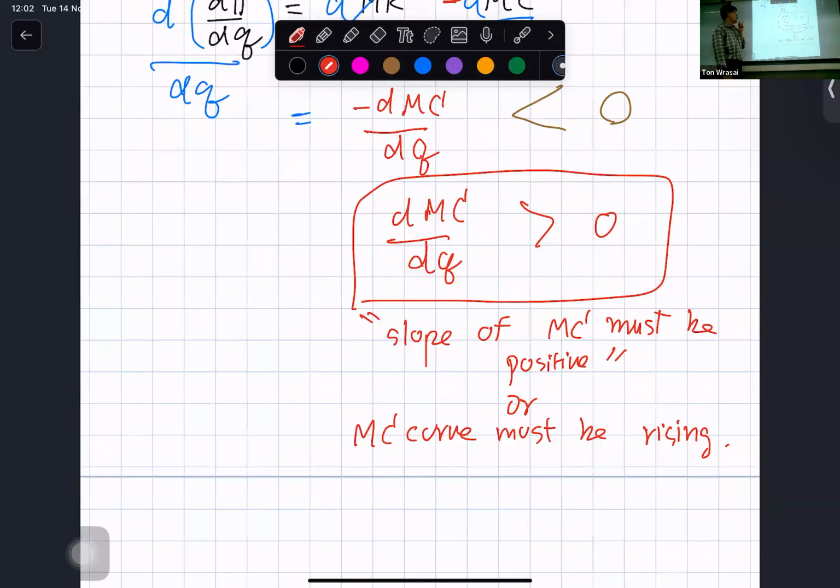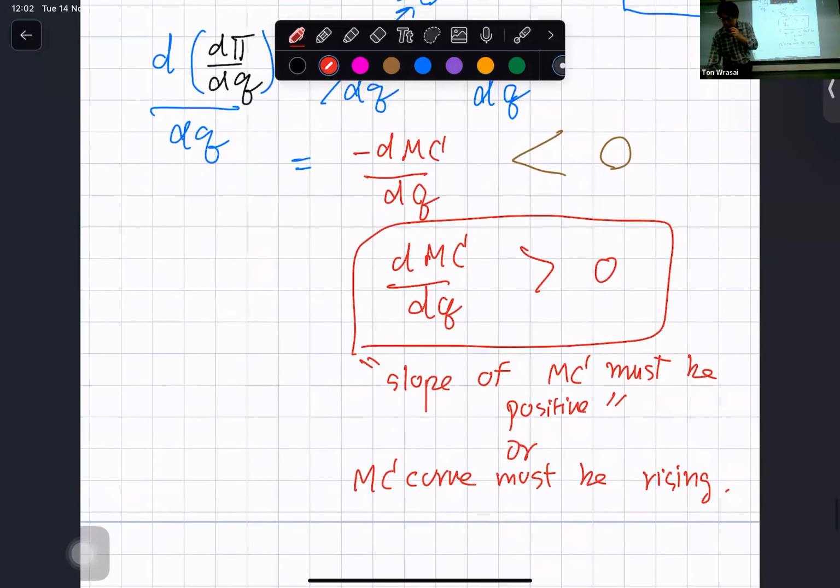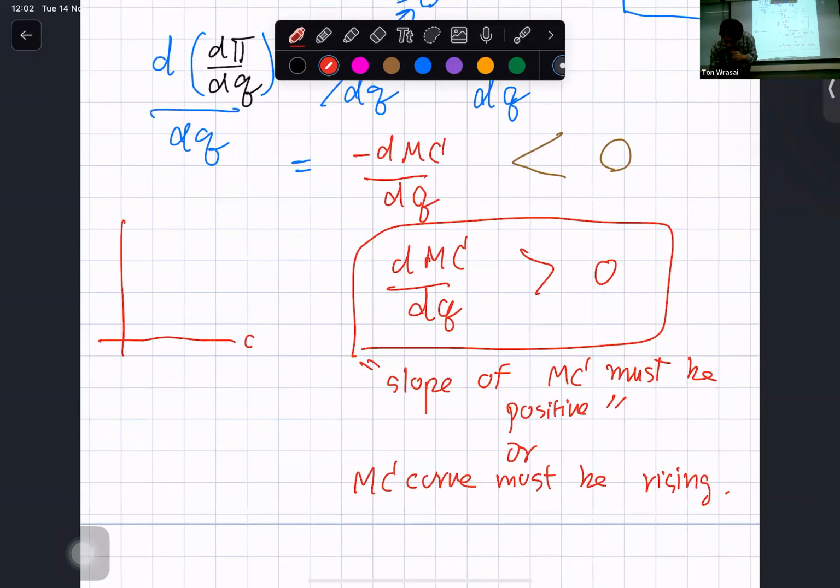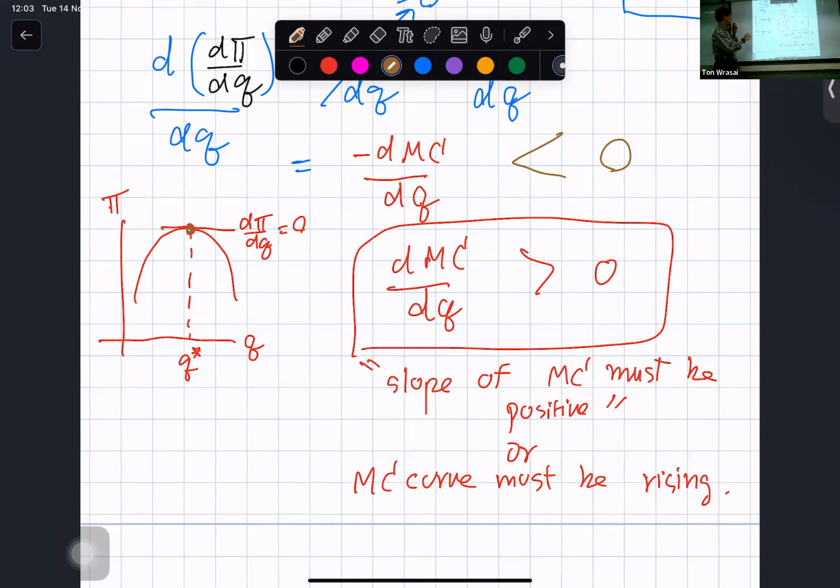Okay, I generate this diagram here again. Mountain: the left-hand side of the mountain is a positive slope. The right-hand side of the mountain is a negative slope.